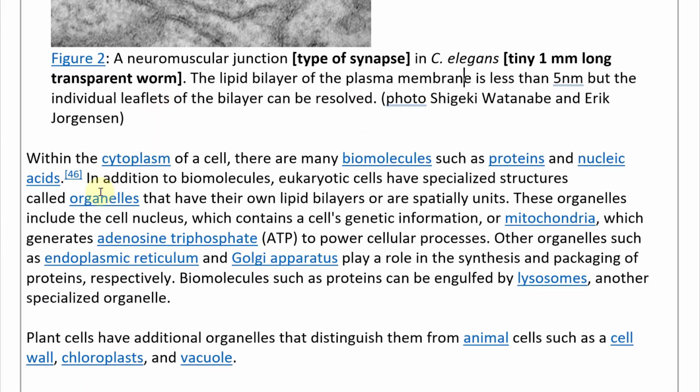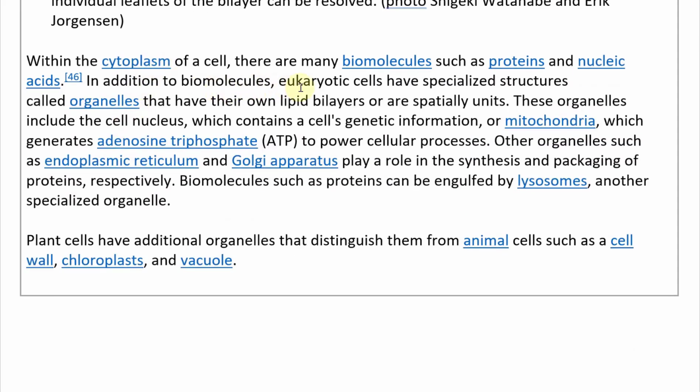But anyways, continue further. Within the cytoplasm of a cell, there are many biomolecules such as proteins and nucleic acids. In addition to biomolecules, eukaryotic cells have specialized structures called organelles that have their own lipid bilayers or are spatially distinct units. Basically they take up volume and space.